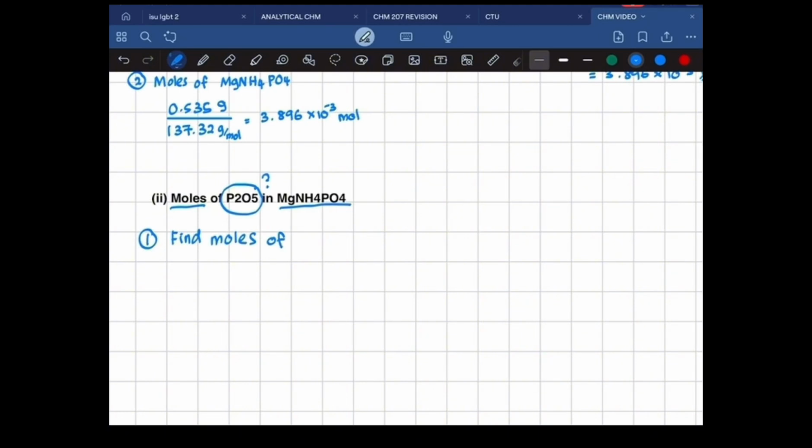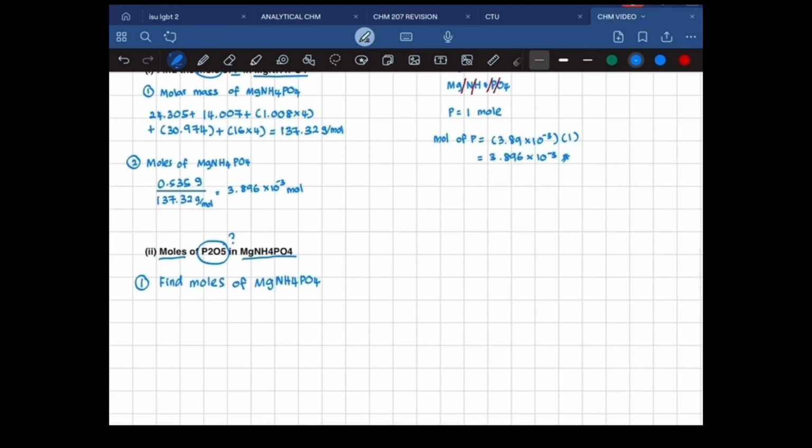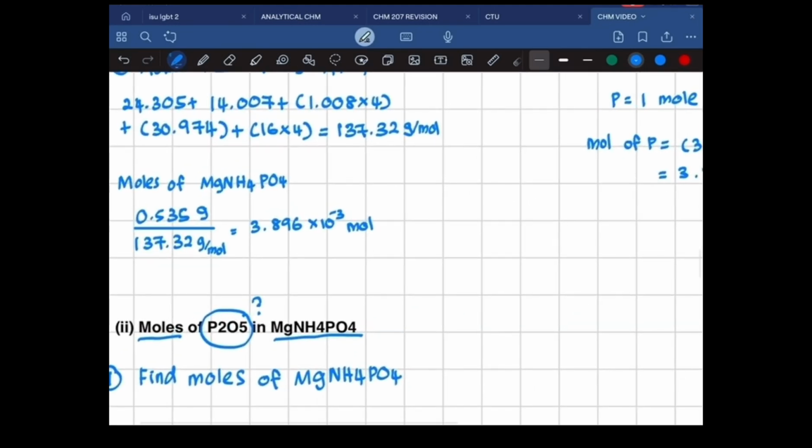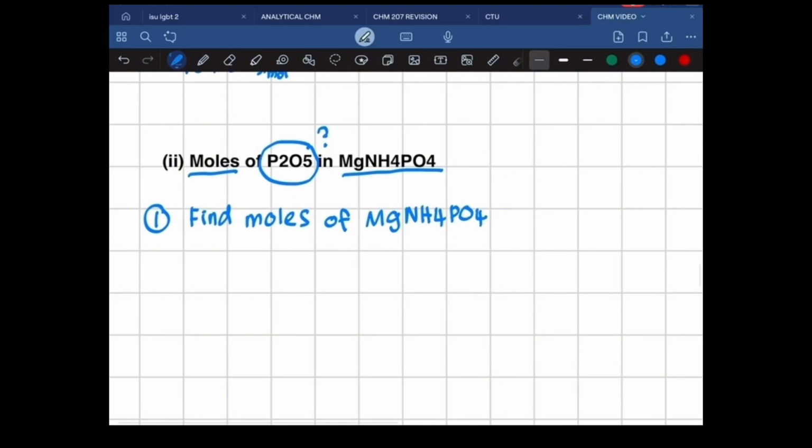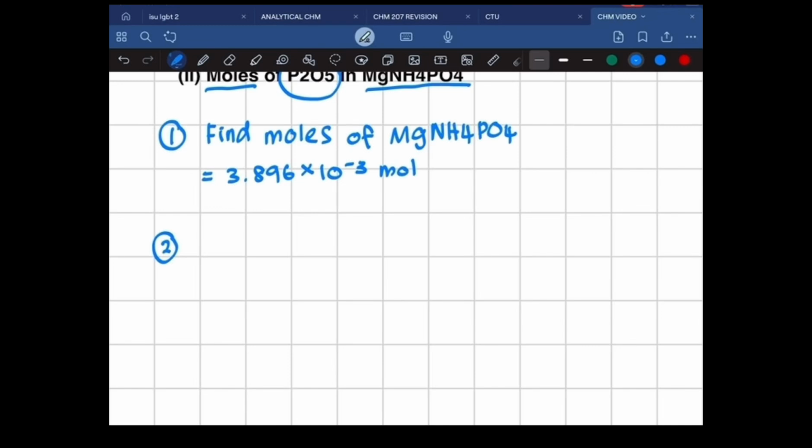In this question, we need to find the moles of phosphorus pentoxide. So first, we need to find the moles of magnesium ammonium phosphate, which is 3.896 times 10 to the power of negative 3 moles. After that, we need to find the moles of phosphorus pentoxide.